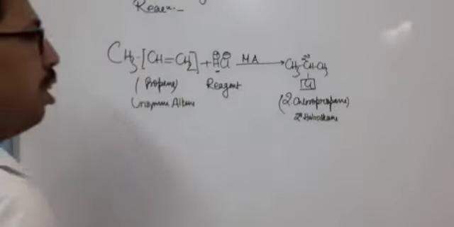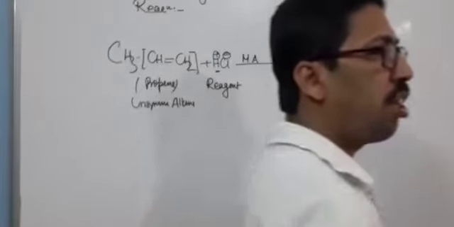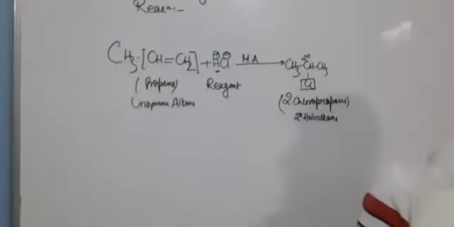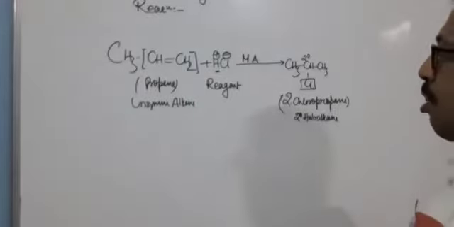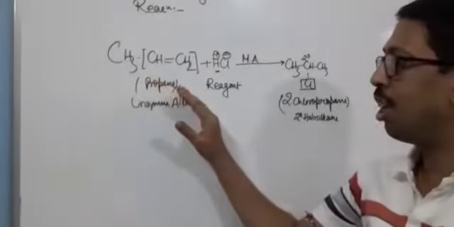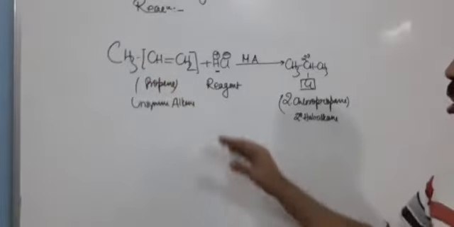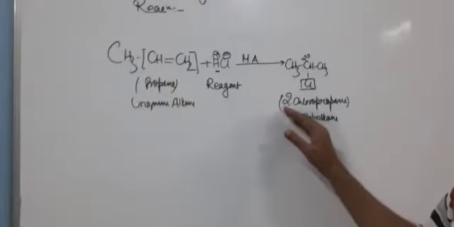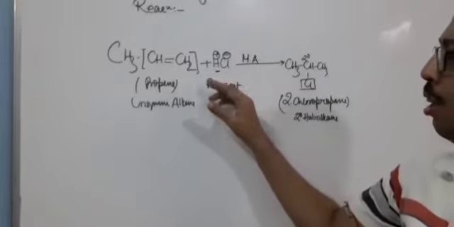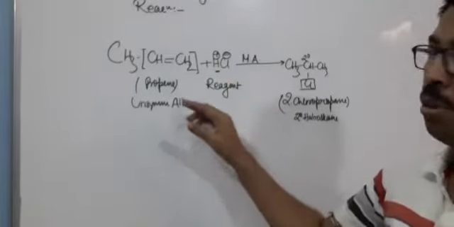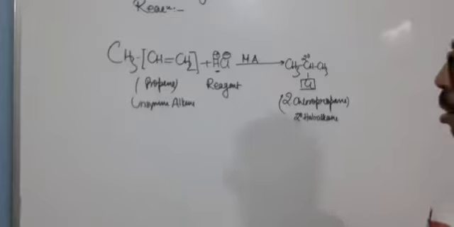Now we want to see whether the reaction is an electrophilic addition reaction or not. It is also an example of addition reaction because nothing is changed in the reactant side, but after the reaction there is an attachment of hydrogen and chlorine from the reagent to the reactant molecule.